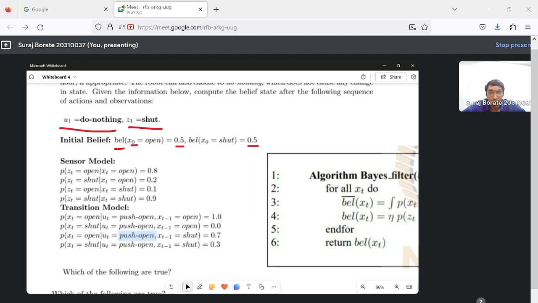And this is nothing but belief bar of x1 equal to open.